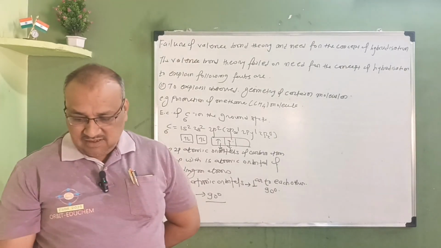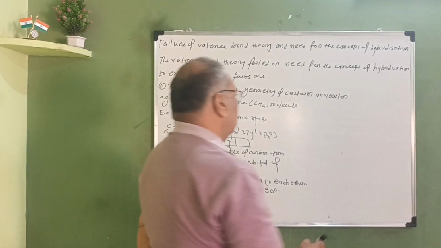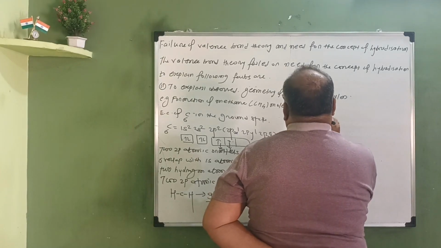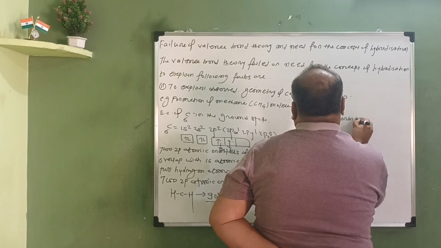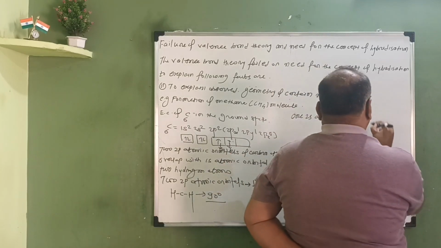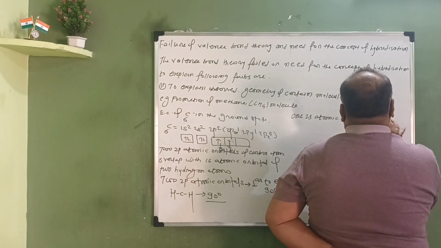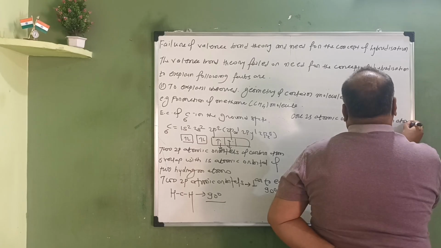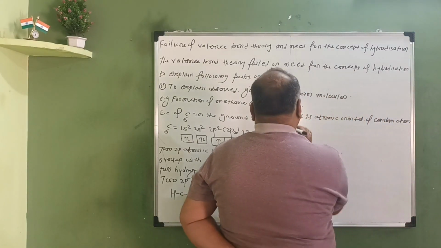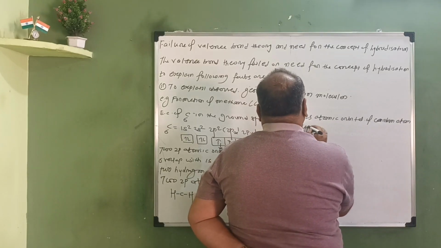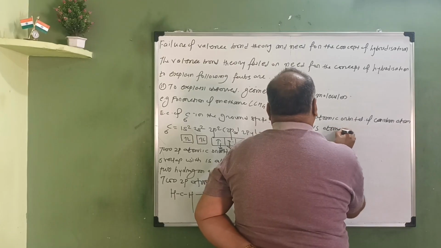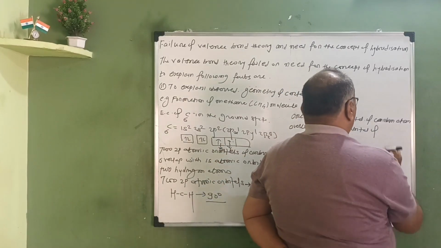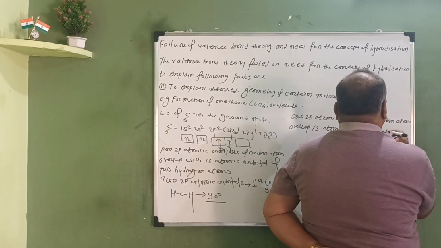Now one 2s atomic orbital of carbon atom overlaps with 1s atomic orbital of hydrogen atom.